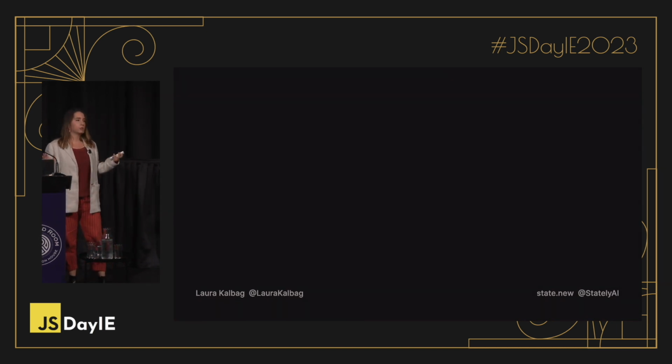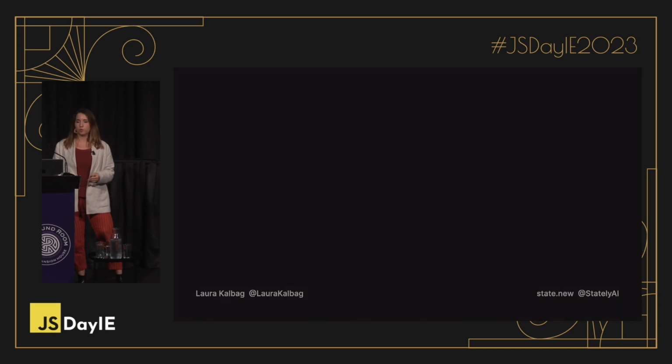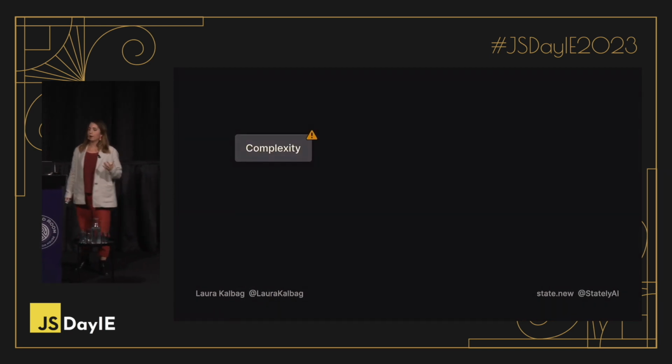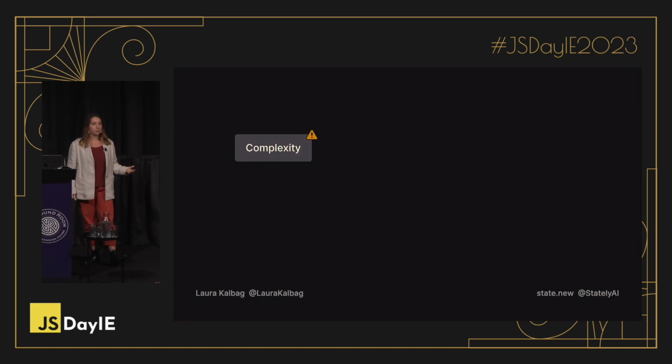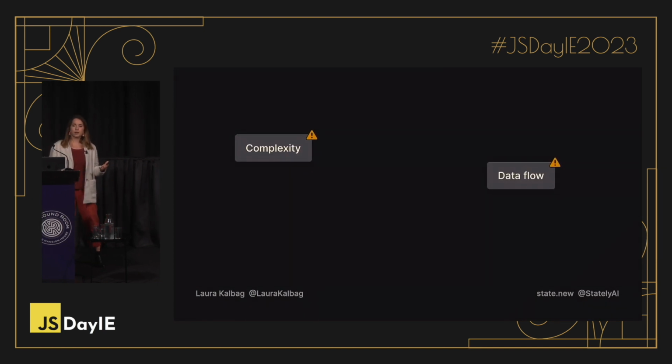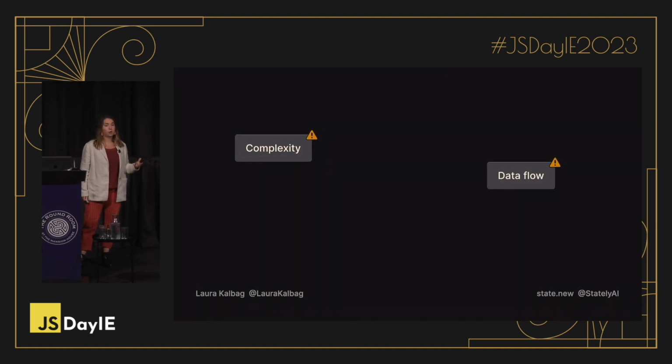So let's start off with some issues that we tend to find around software development and state management. First off, complexity. The bigger the app that we have, the more complex it is, the harder it is to manage. Even the smallest feature can introduce so much complexity in state. There's the data flow. Passing state between components can get really complicated and hard to follow, particularly if you're working with somebody else's code.